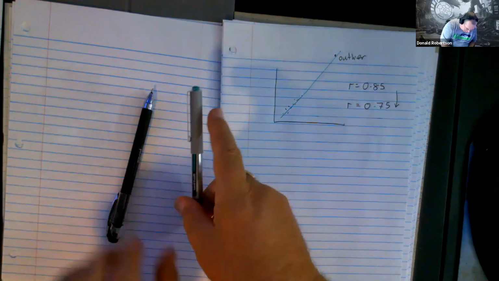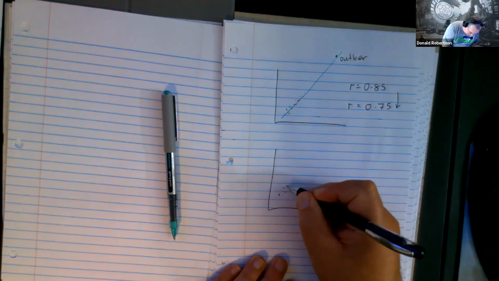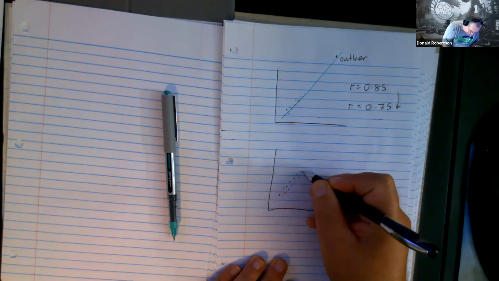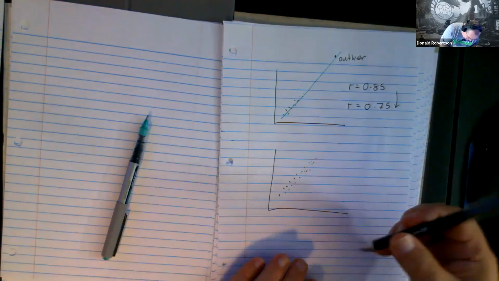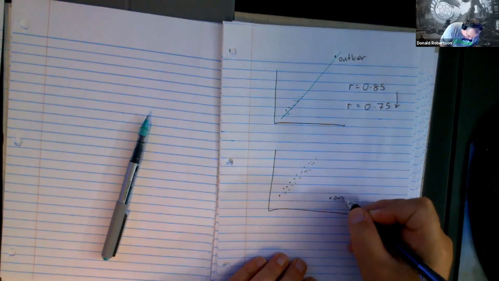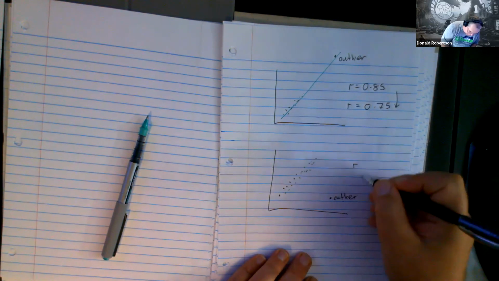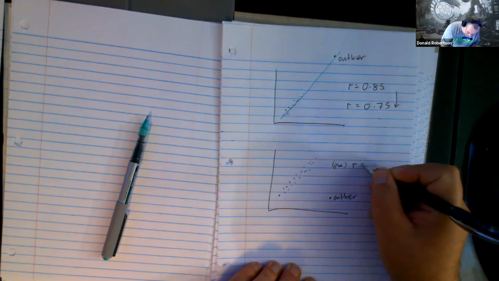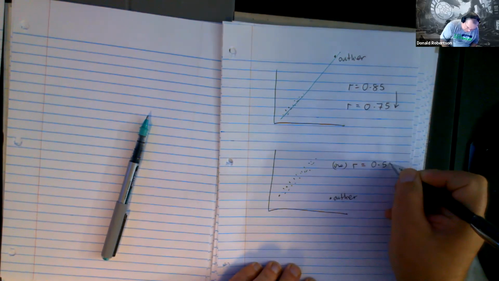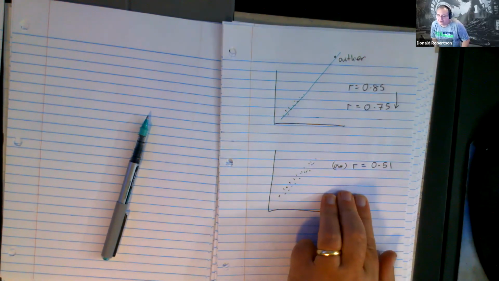However, there are other possibilities, and the effect that the outlier has is different. Imagine the same basic straight line, right? But the outlier is over here. Now, in a situation like that, if you use the outlier, the R value might be 0.51. If you took that outlier away, what do you think would happen to the R value now?